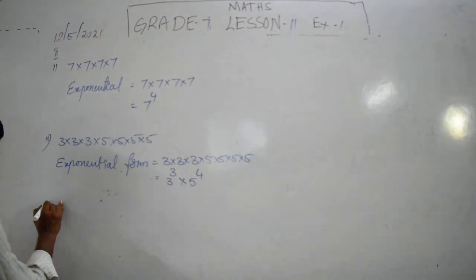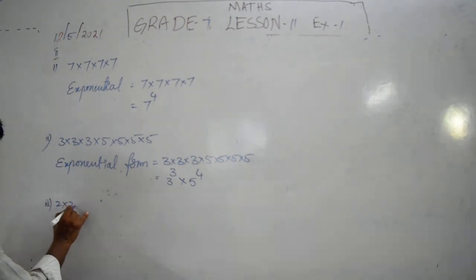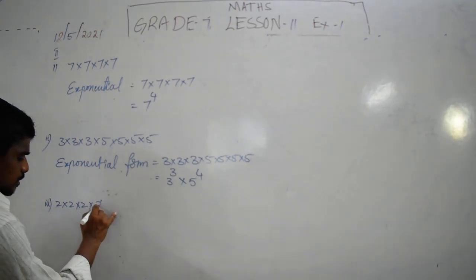Next, third one. 2 cross 2 cross 2, 3 cross 3 cross 3, 5 cross 5 cross 5 cross 5.